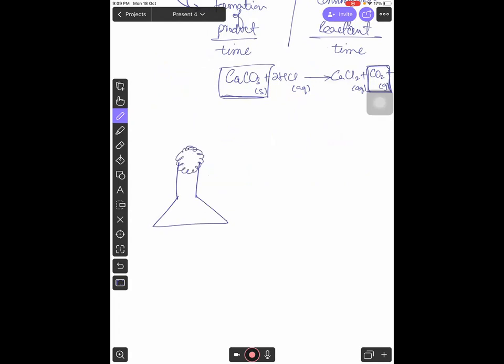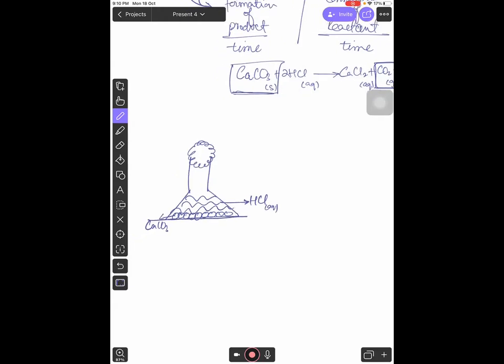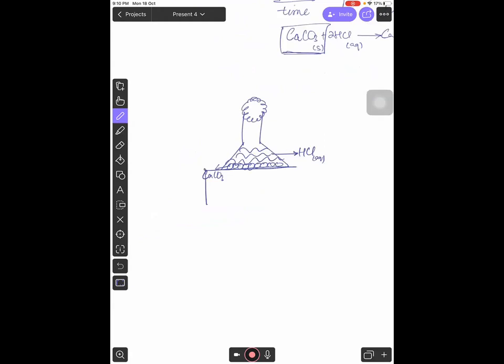You can use calcium carbonate over here, and add aqueous HCl. It is calcium carbonate, and it is cotton wool. And we can attach a weighing machine over here.